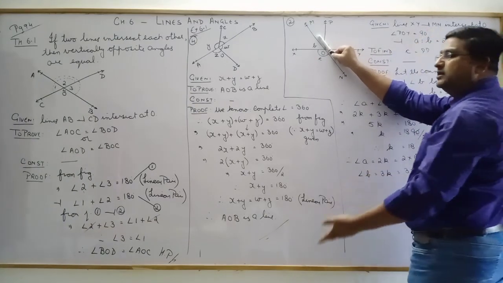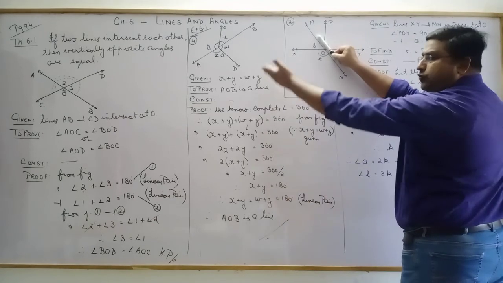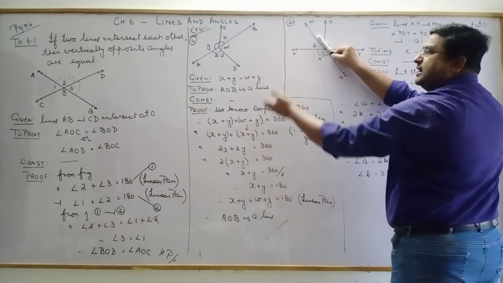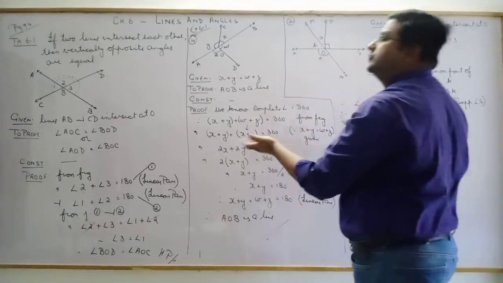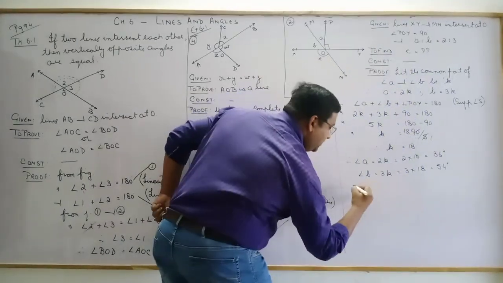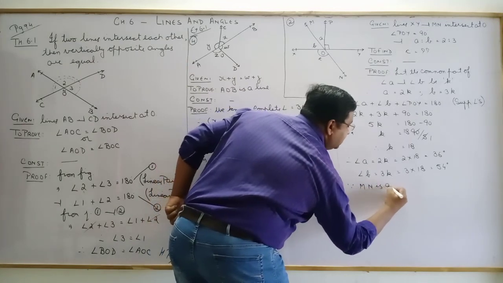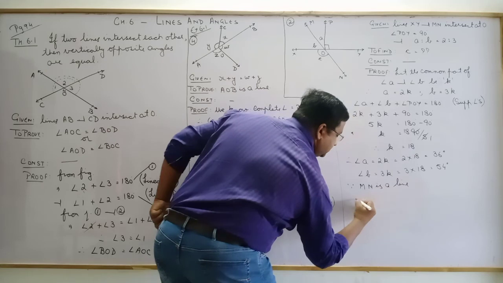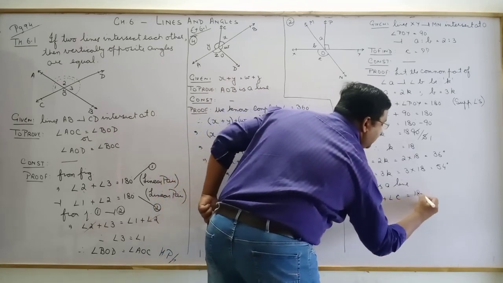And what is the sum of angles on a line? 180, we have just proved. The angle B plus C is how much? 180. Simple. Because MN is a line, angle B plus angle C is equal to 180.